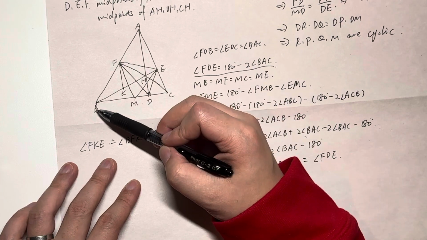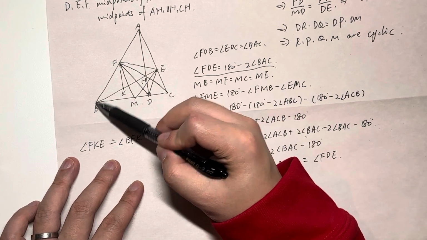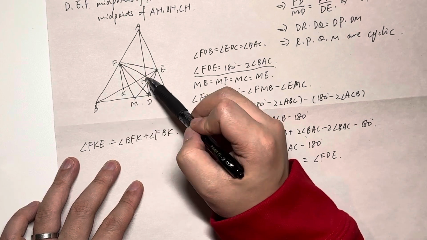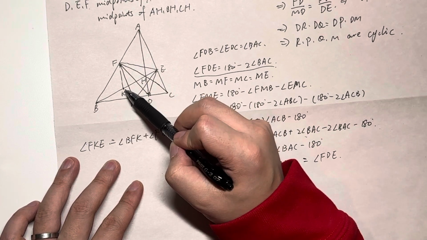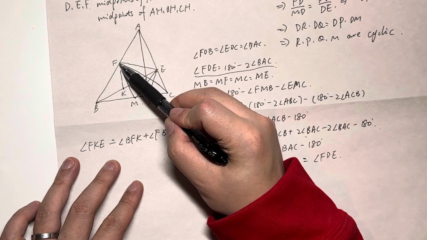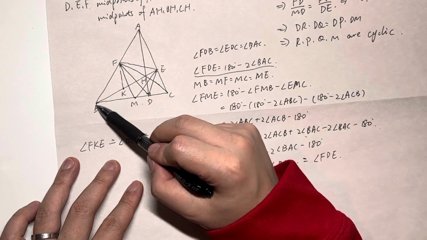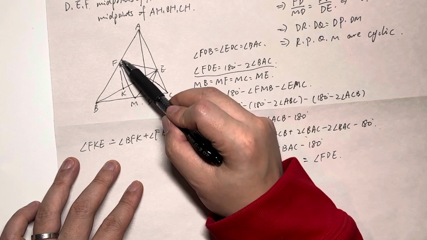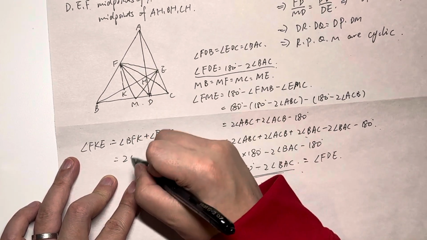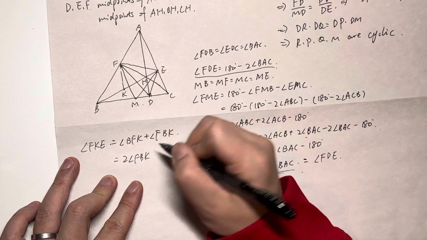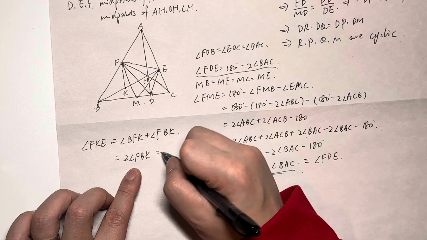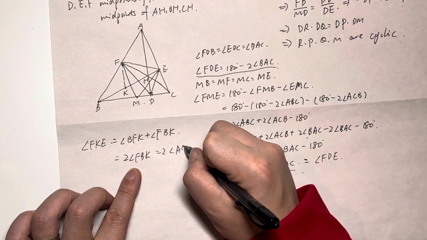So because triangle BFH is a right triangle and K is a midpoint of BH, we know that BK equals to KF, right? So the angle KBF equals to angle BFK, right? These two angles are equal, so it equals to twice of angle FBK. And angle FBK is angle ABE, right? Equals to twice of angle ABE.